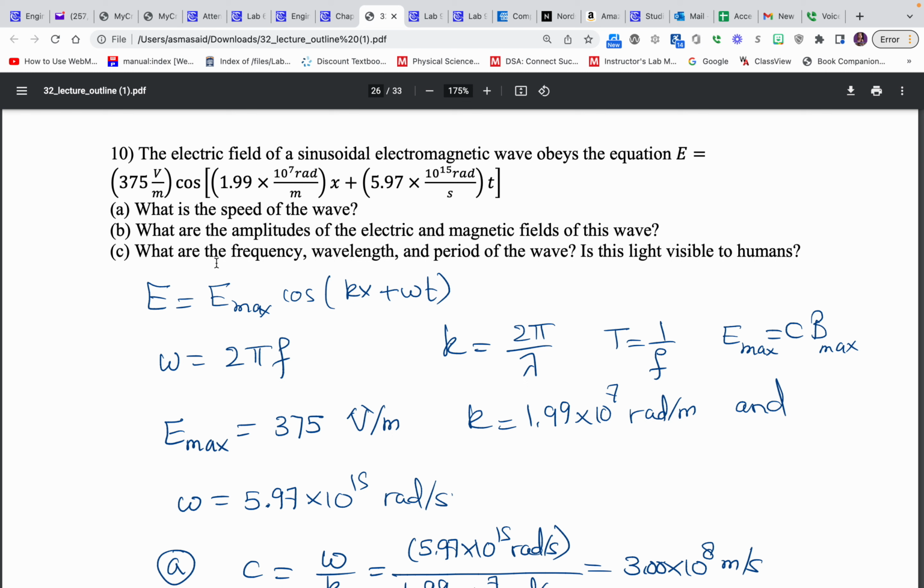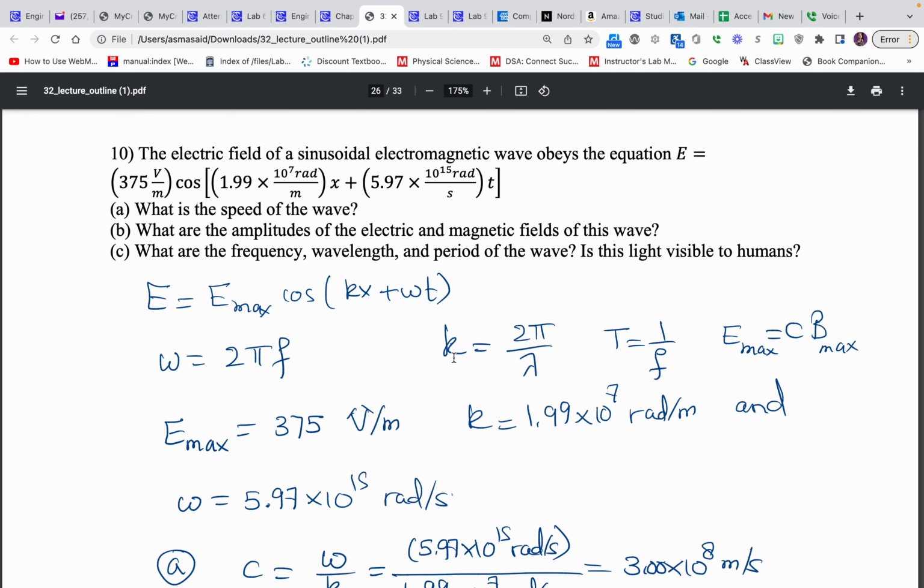Now, relevant concepts here. The first one is we're going to write the general form of E. E equals E maximum cosine Kx plus omega t. We're going to look at the variables here and how they are connected. Omega is 2 pi times the frequency.